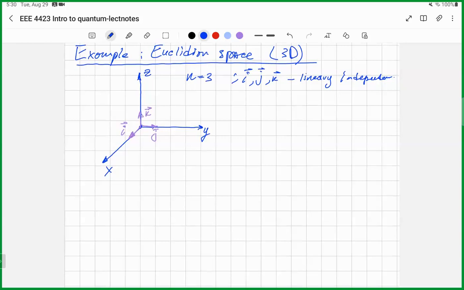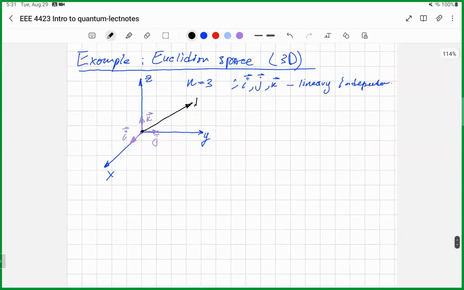And since we introduce this coordinate system, we can take any vector in this space. And again, the vector itself doesn't depend on the choice of the coordinate system, but its components do. So when you rotate the coordinate system, the components of this vector will also change.